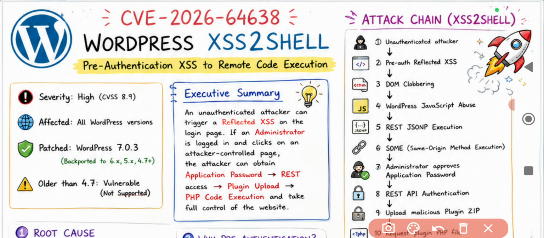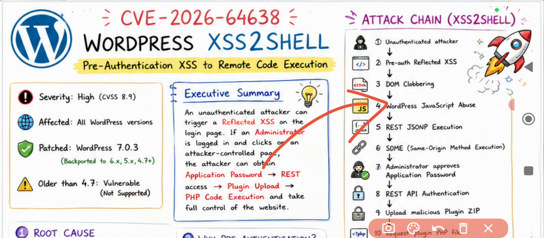Let us move further to discuss the attack chain involved. Here the attacker leads to pre-authentication reflected cross-site scripting. The third point signifies DOM clobbering.